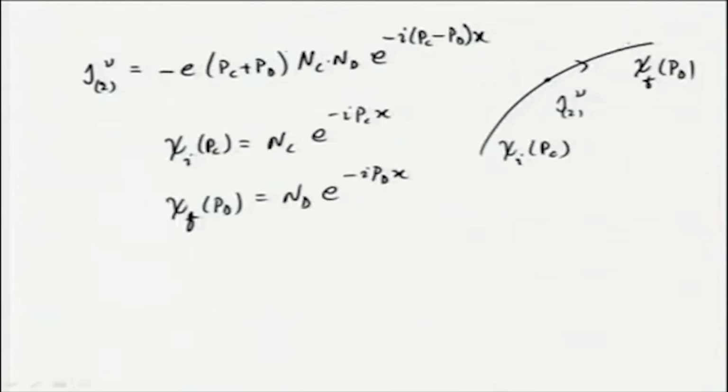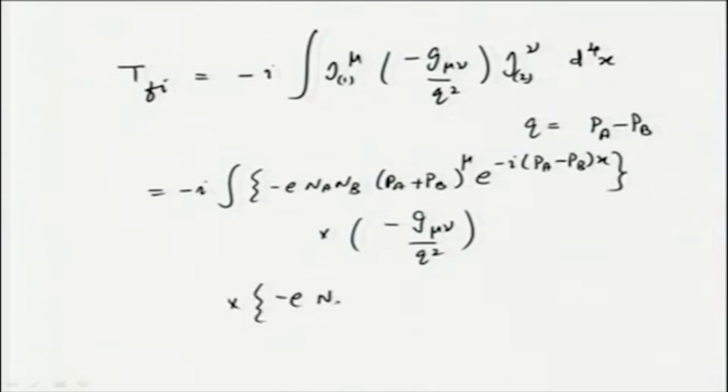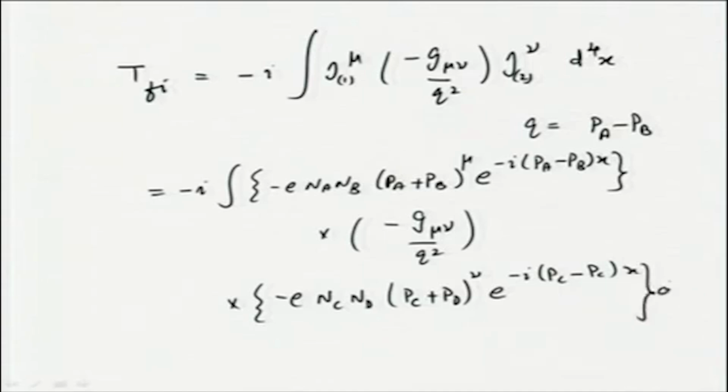Similarly, for J2 there is a nu there, times minus g mu nu over q squared, then the other current minus e N_C N_D (p_C plus p_D) nu e to the power minus i (p_C minus p_D) x, integrated over four-volume d4x.